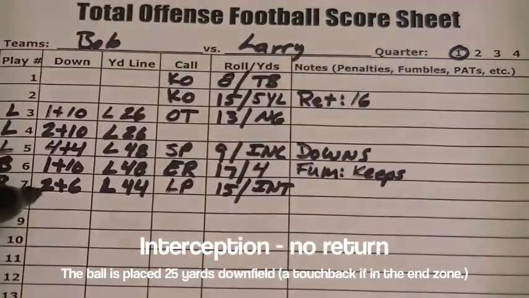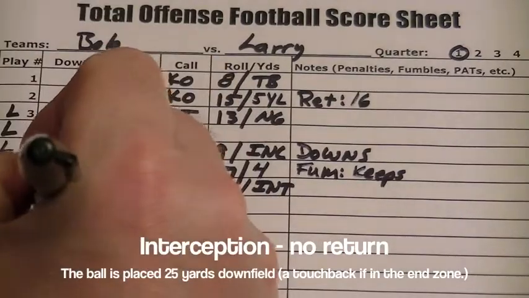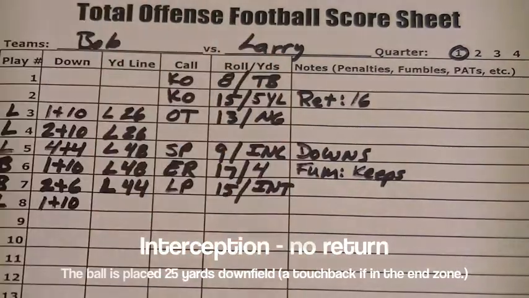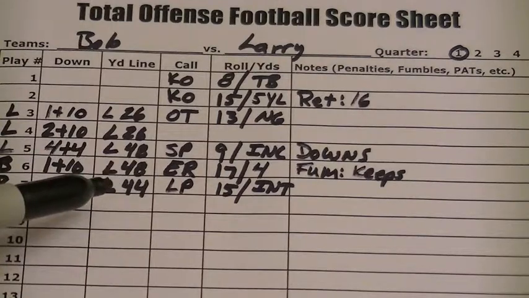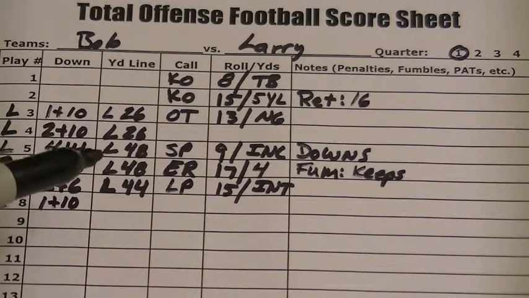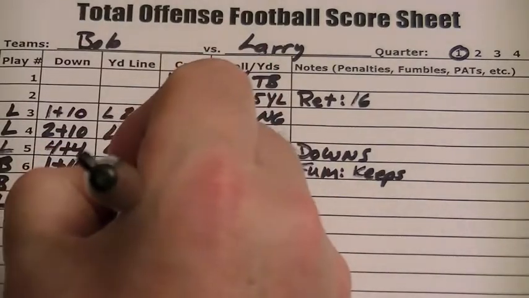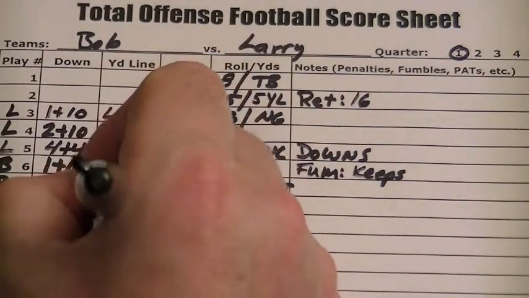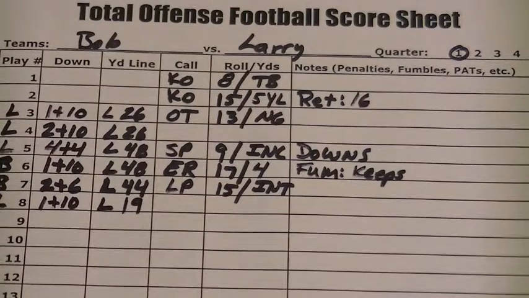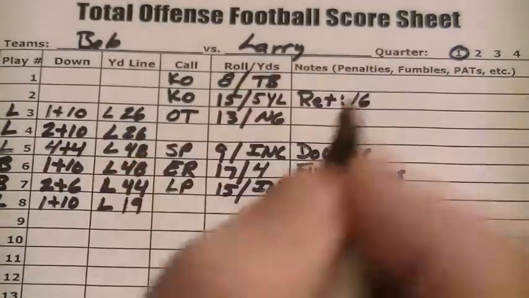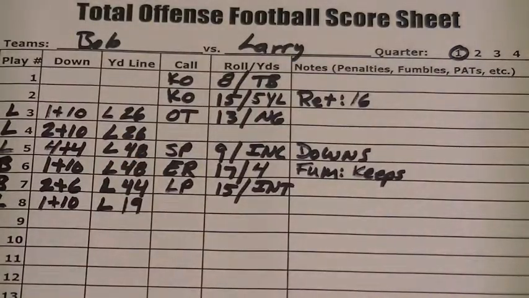So it would be 1st and 10 for Larry. It would then be 25 yards downfield from the line of scrimmage. So from the 44, that would make it the 19. So Larry has the ball on his own 19-yard line, and then he would choose his next play, and it would go from there.